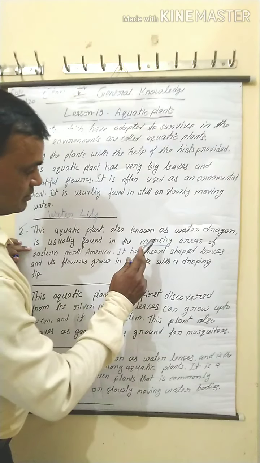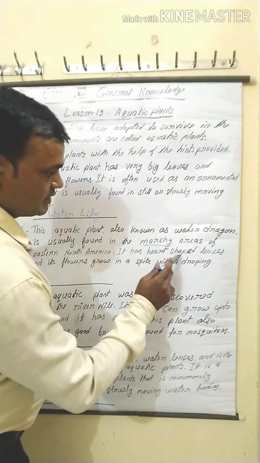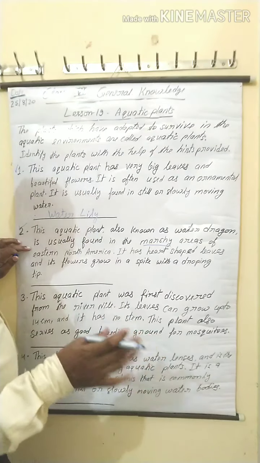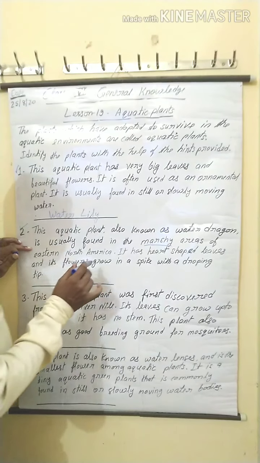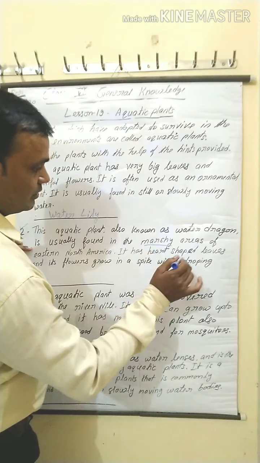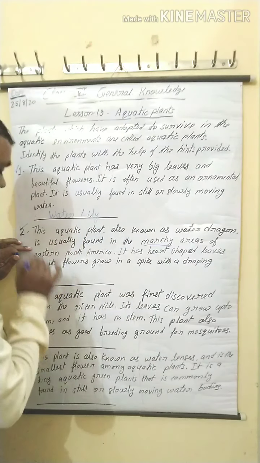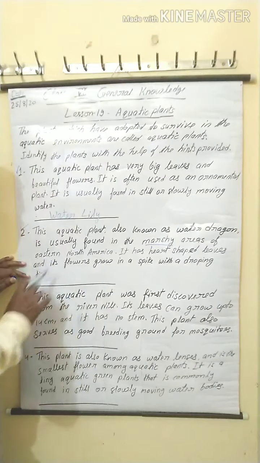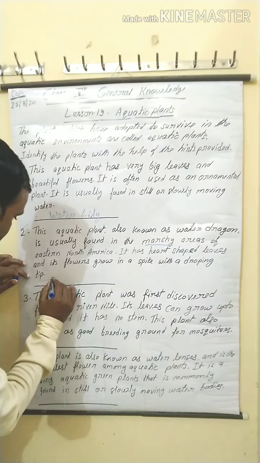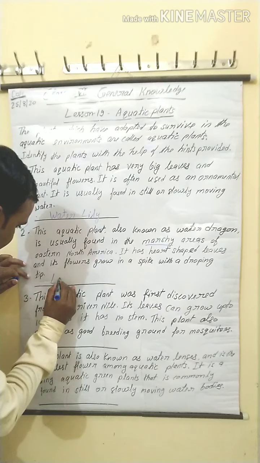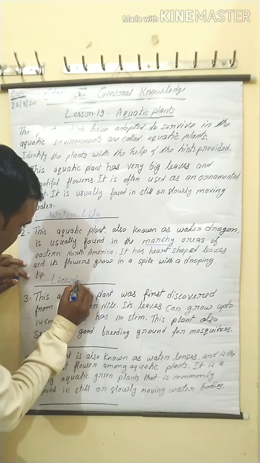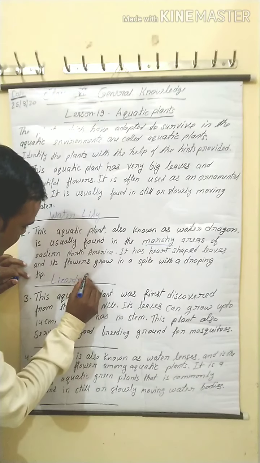It has heart-shaped leaves, and its flower grows in a spike with a drooping tip. Which aquatic plant? Guess. Lizard's tail.